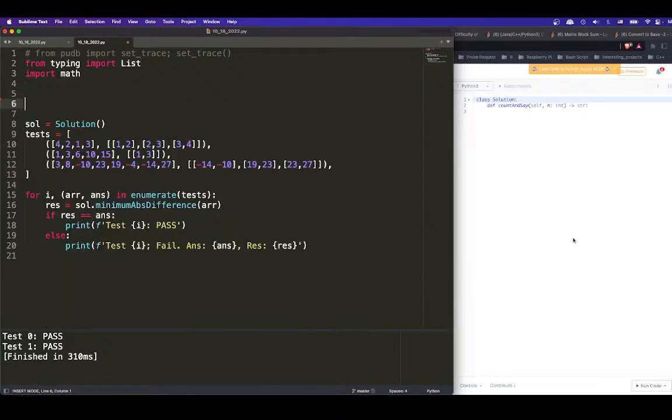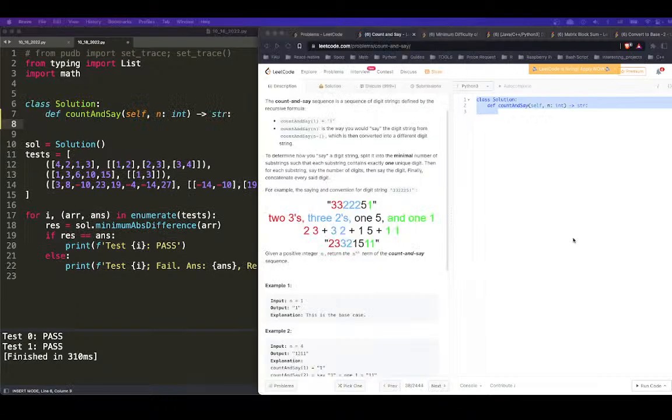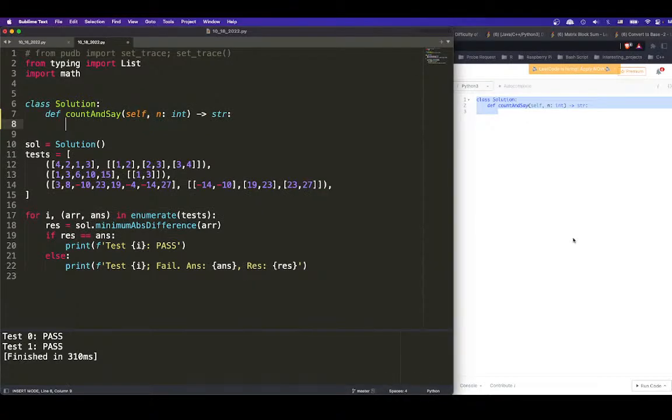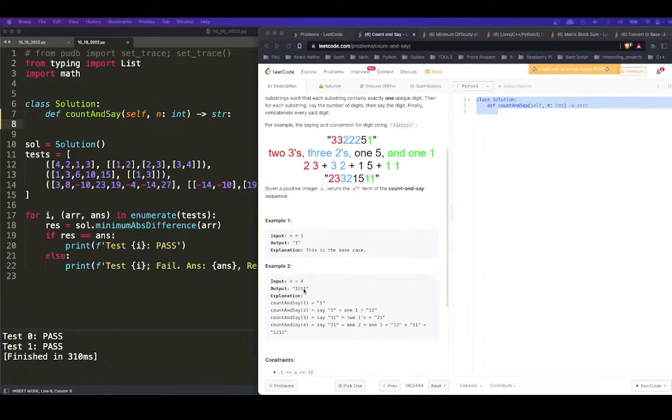Okay, let's do this. Count and say n. Position 1, right? The nth, I think it's 1, 2, 3, 4. Oh, hold on. Oh, it's not the nth, it's the nth term.